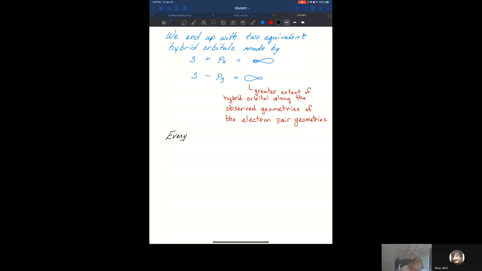Every electron group on a center atom is found with a hybrid orbital.